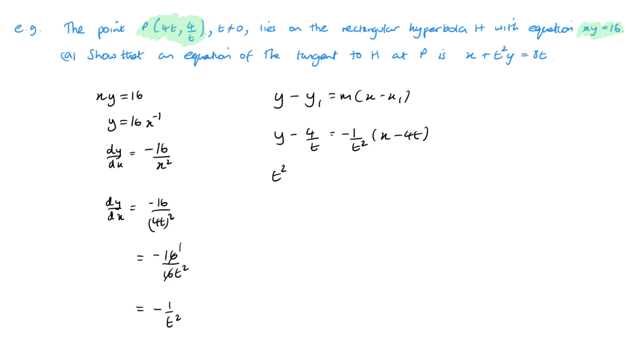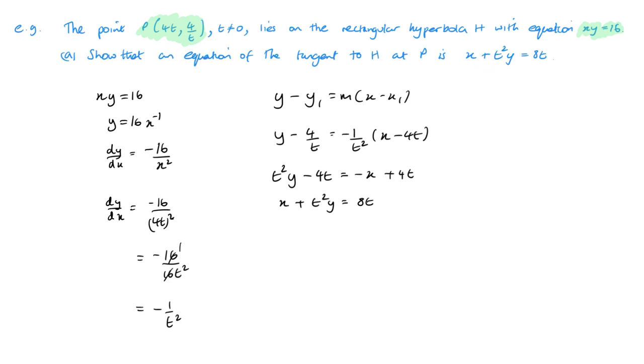So that'll give me t squared y minus 4t. And then I've just got the minus 1 times everything, so minus x plus 4t. So x comes over this side, and then this negative 4t goes over to that side to become 8t. And that is then shown exactly what we had to. There we have it.